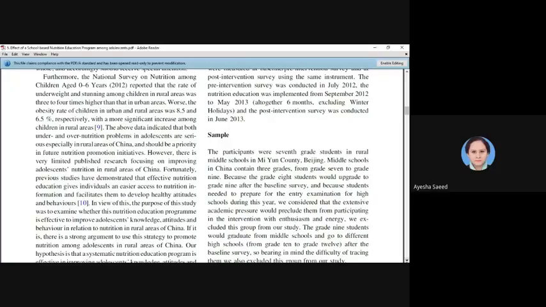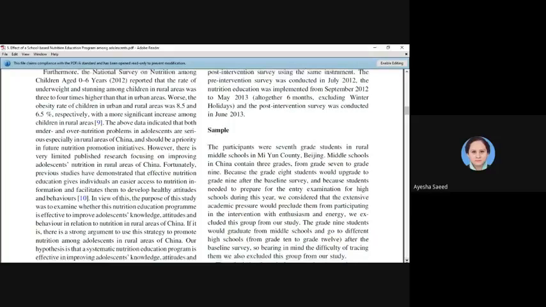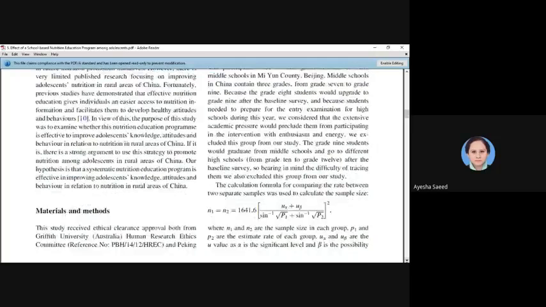Therefore, as the grade 9ers would be shifting from the school and the grade 8 students would be preparing for the grade 8 exams and moving to higher classes, they were excluded from the study, and only 1 year was taken. This was done to control for confounders. Confounders are the other factors that can have an effect on the outcome.